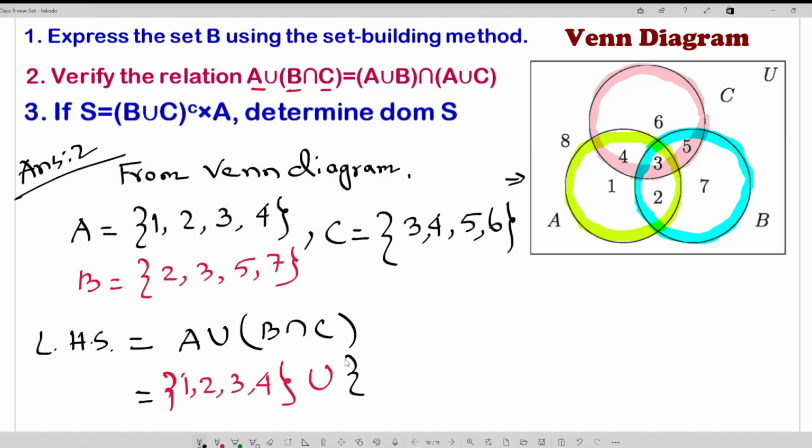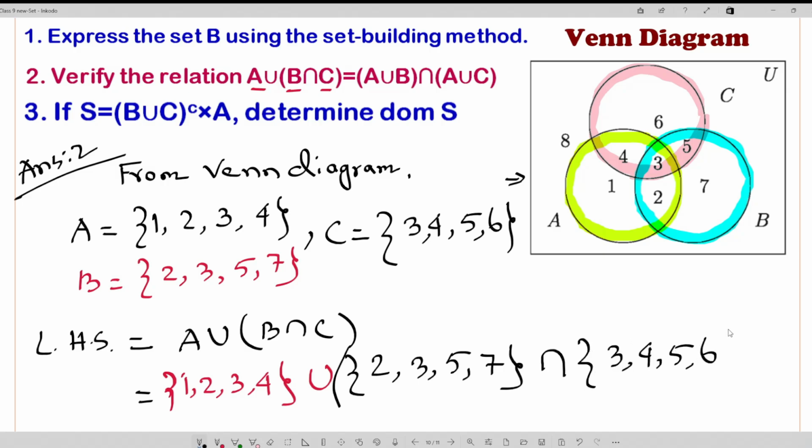B means 2, 3, 5, 7, and intersection here C. C means what? 3, 4, 5, 6. So first we have to find the result of B intersection C. It means this one.